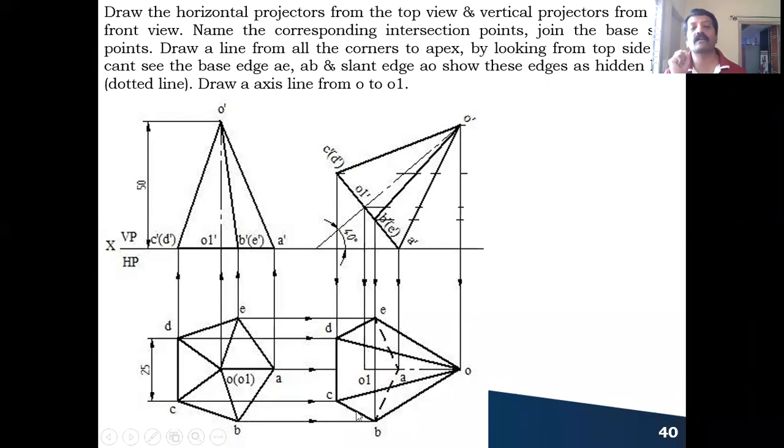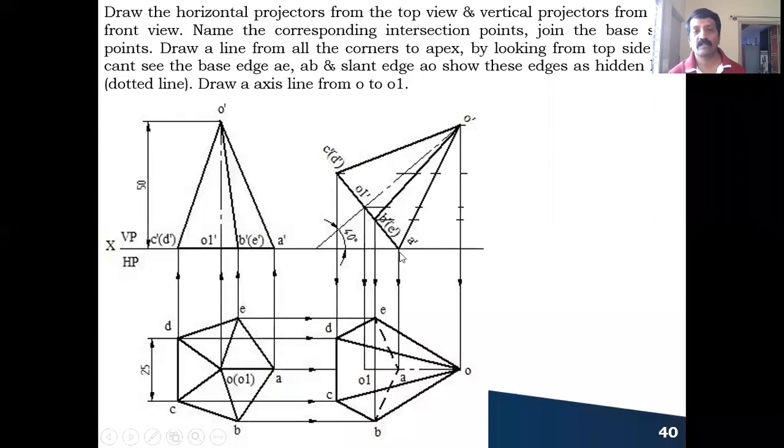For a solid, a couple of times I am repeating this, the outermost boundary line, even if it is not seen, I cannot represent it with hidden edges. Otherwise we cannot call it a solid. So this is the visible edge.